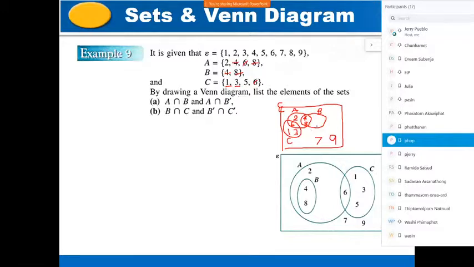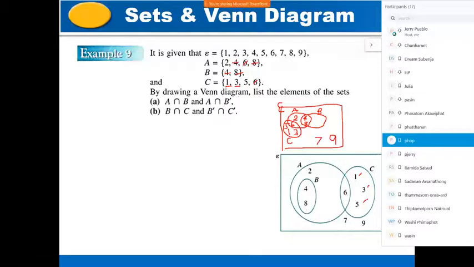Now, since there is no element in B only, we can put inside all the B here. And this is set A here, right? And then C, and then 7 and 9. You look at here, 1, 3, I forgot 5. Oh, there's a 5 here. So 1, 3, and 5, okay?